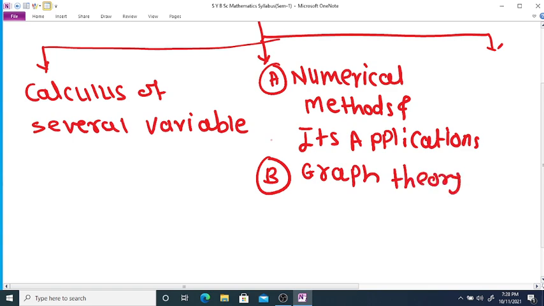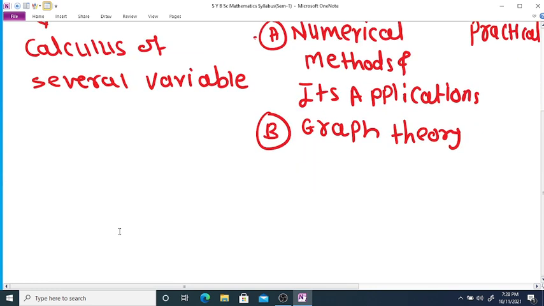These 2 courses are optional, course A and B. From this you have to select one, and the third course is mathematics practical. So here in this semester this subject is compulsory.